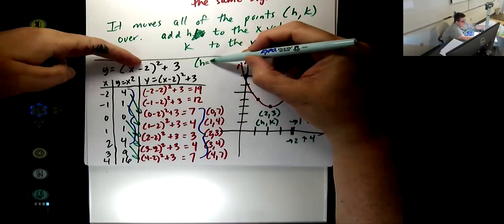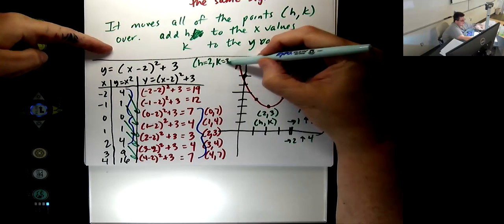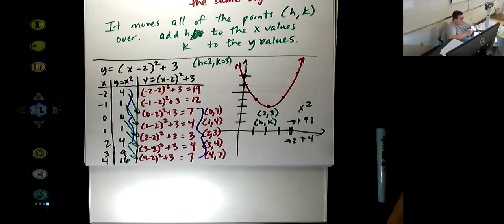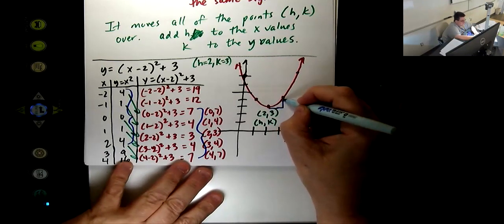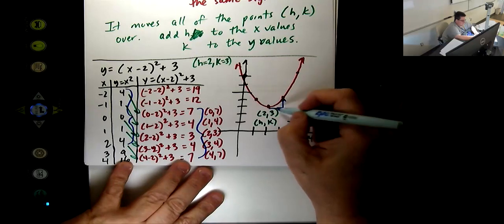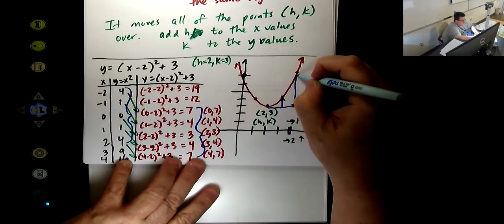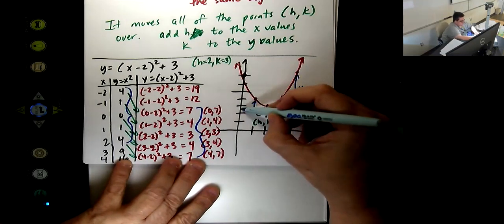H is the opposite sign of what's in here. K is the one on the outside. And I can still do the up 1 over 1 from here. Right 1, up 1, right 2, up 4. Same thing with going to the left.